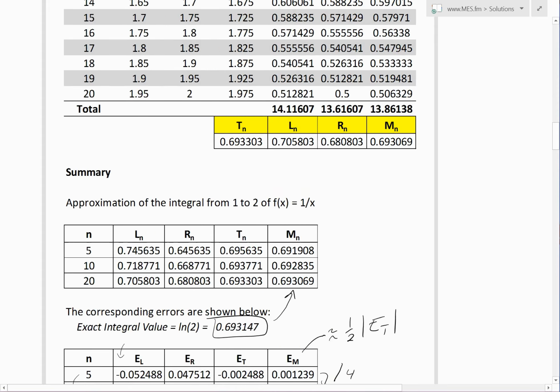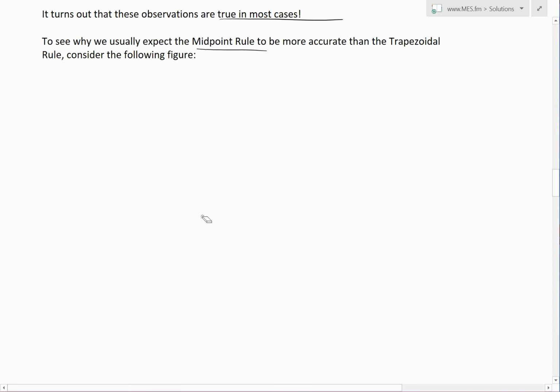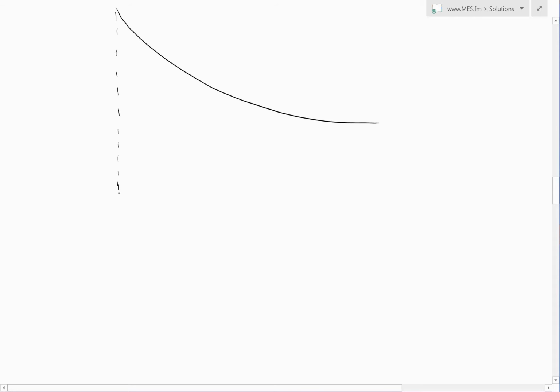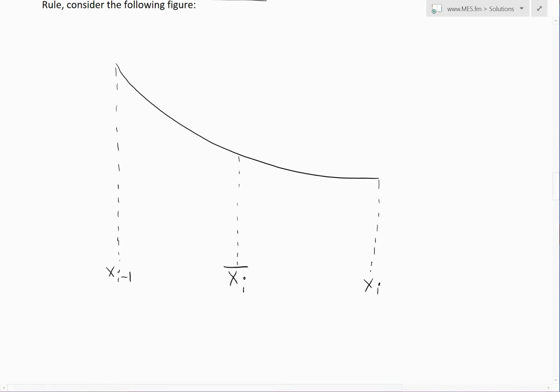If we were to zoom in like that, let's draw it really big like this. This is x_{i-1}, the left endpoint, this is the right endpoint, and right in the middle we have x-bar_i, with the overline just signifying it's the midpoint.